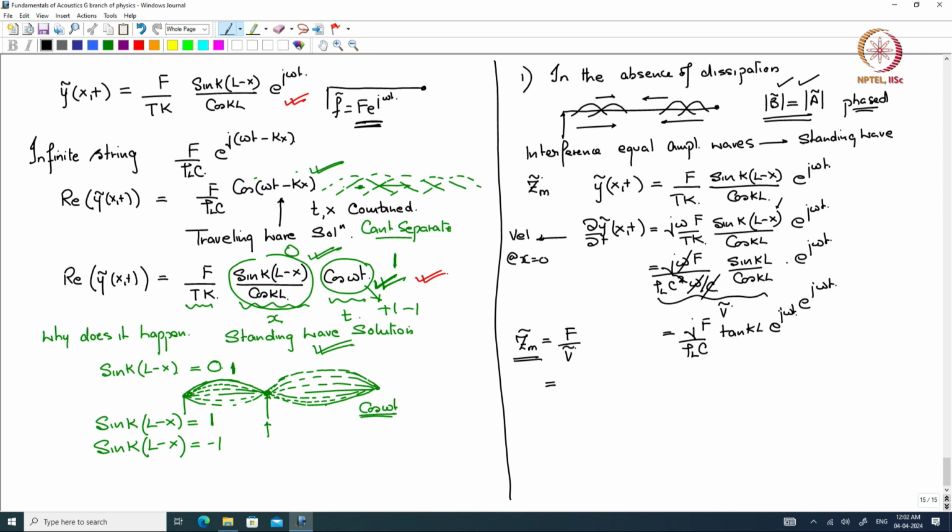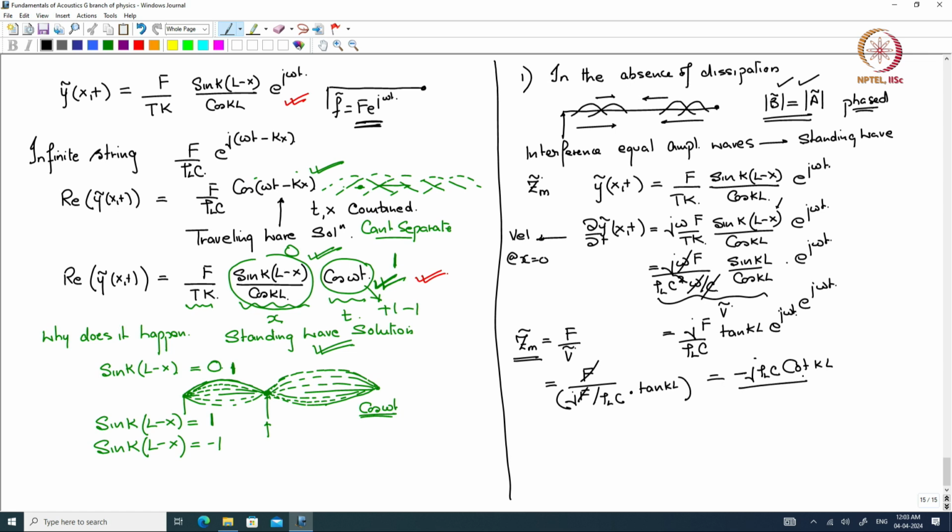So, if I compute my Z mechanical, f by j f by rho L c into tan kL, the f cancels, I get minus j on the numerator, tan kL becomes cot kL, and rho L c goes up, rho L c.